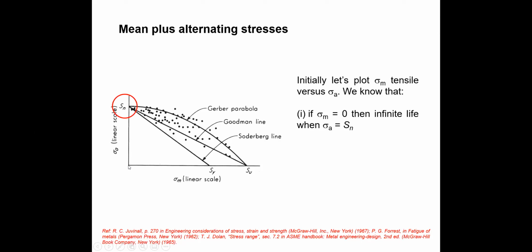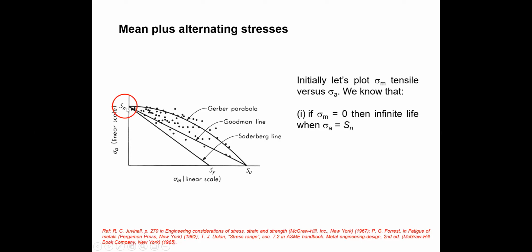And this is the alternating stress. If sigma M is 0, that means there is no mean stress, only alternating stress, fully reversed technique. Then it will fail around the endurance limit. We already know that one.